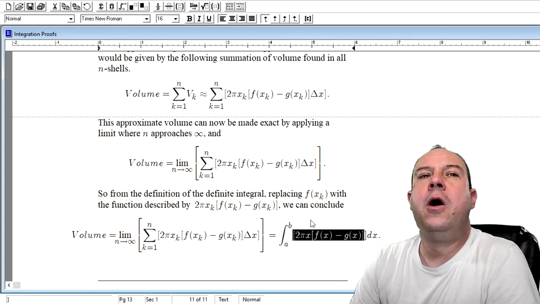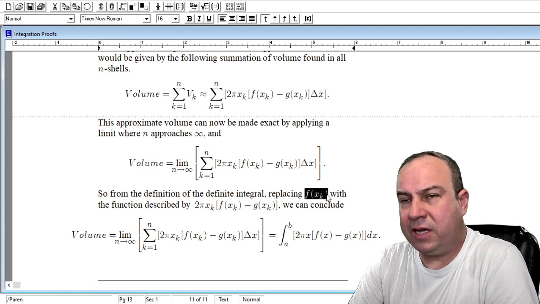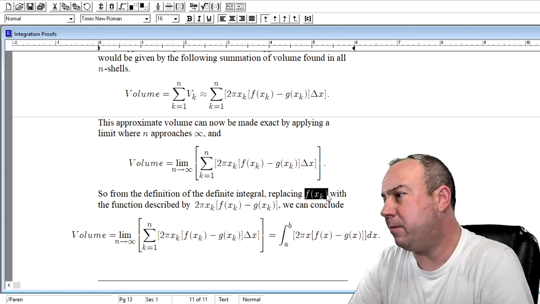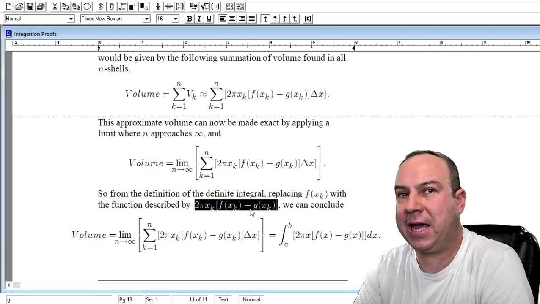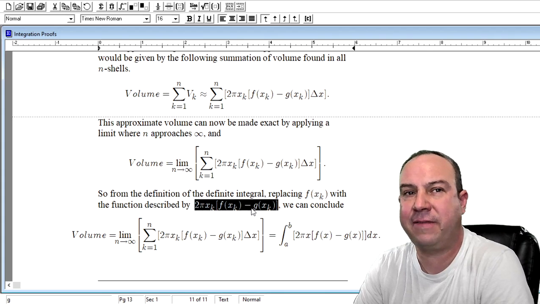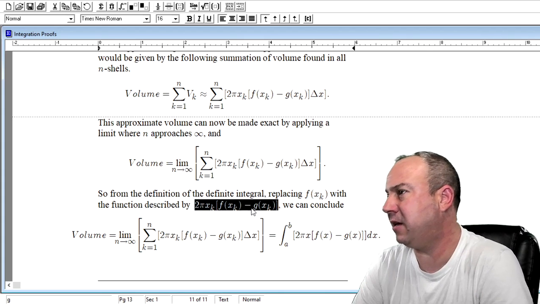The f of x sub k that we understand back in our net area setup is this value, 2 pi x sub k times the quantity f of x sub k minus g of x sub k.